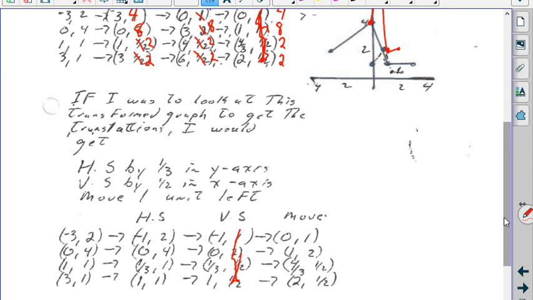If I horizontally stretch it by 1/3, then vertically stretch it, which I should have done in the first place, and then move it 1, I end up at the exact same points that I have up here. And I am going to fix this with my 8, 2, 2.